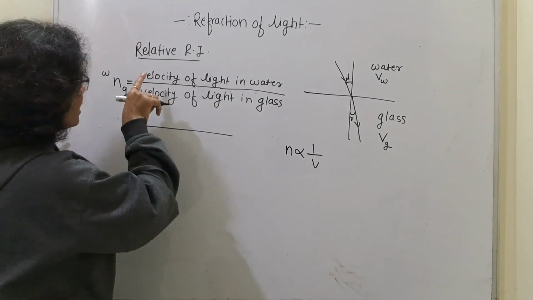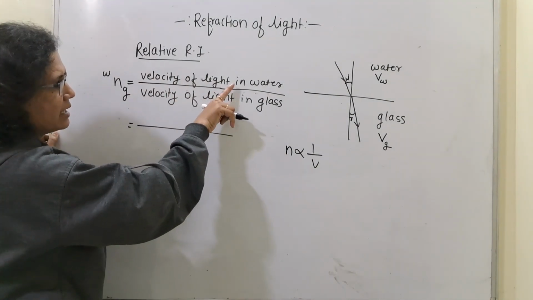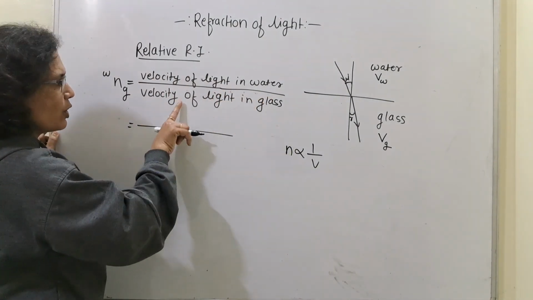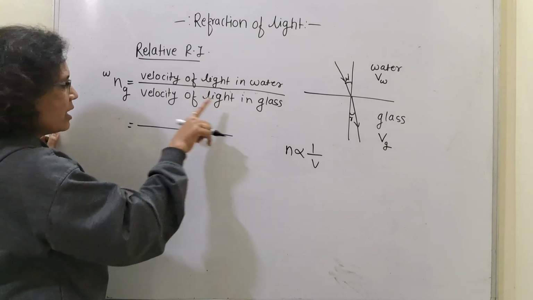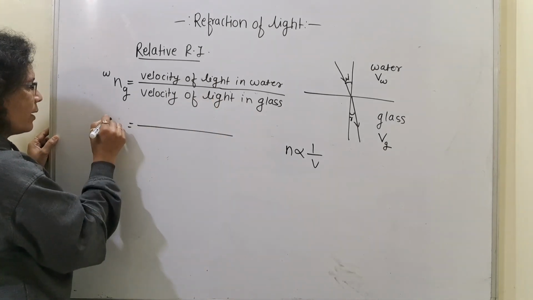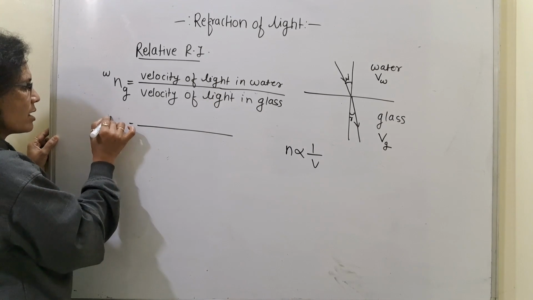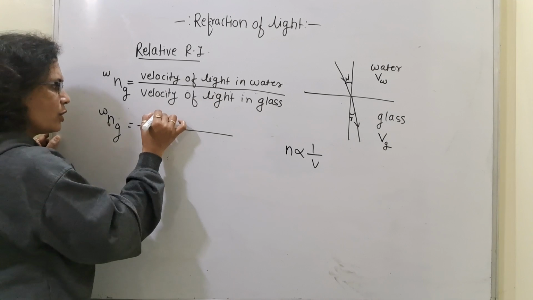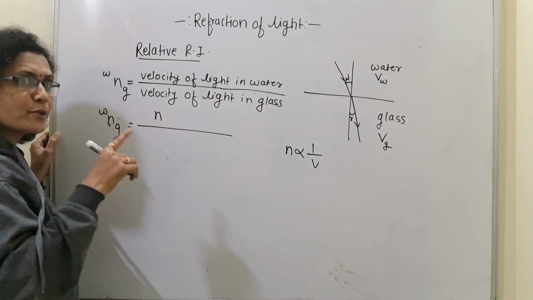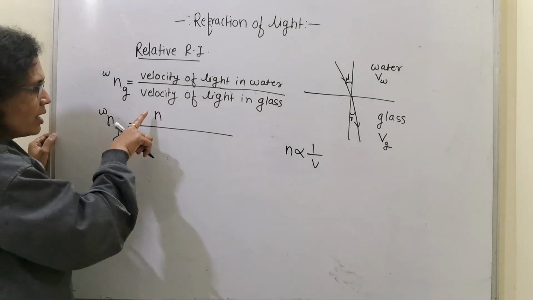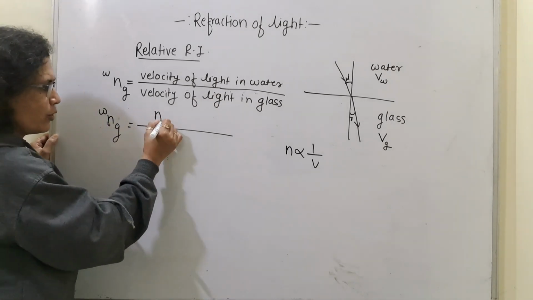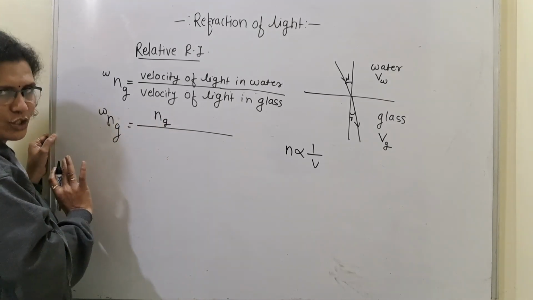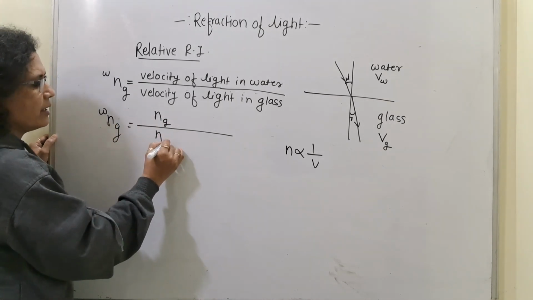So if there is a velocity of a light in water divided by velocity of a light in glass, then this formula, refractive index of glass with respect to water, we can write refractive index of, this will be the absolute refractive index because simply I am writing like Ng divided by Nw.